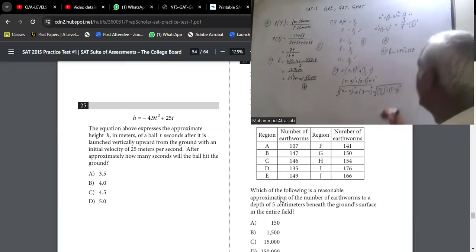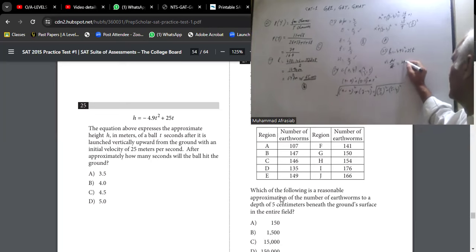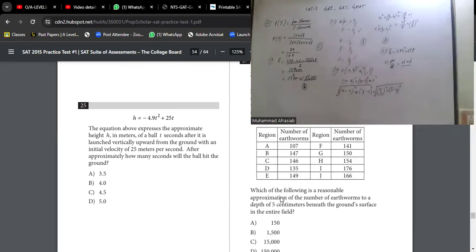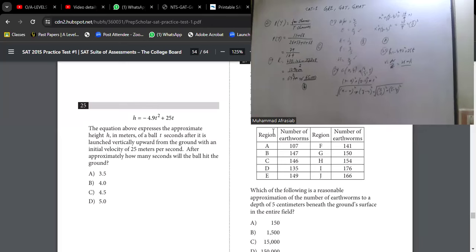So we know that the velocity of that particle is dh by dt, and that is equal to 25 meters per second there. Since it is going to reach the ground, that means the height of that particle will be equal to 0.